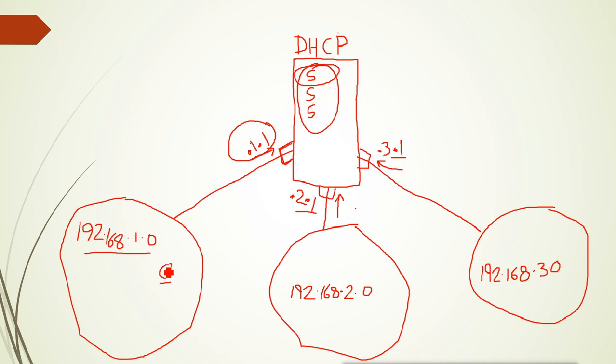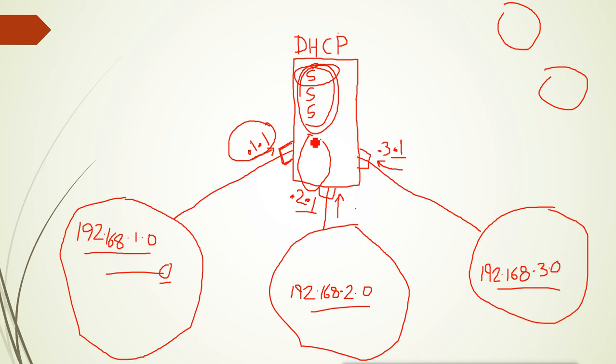For example, all these subnets belong to a single city, and in another city or department we have different subnets. So we can create one super scope combining these subnets, and then create another super scope for the other scopes. We can use the super scope to manage multiple scopes.